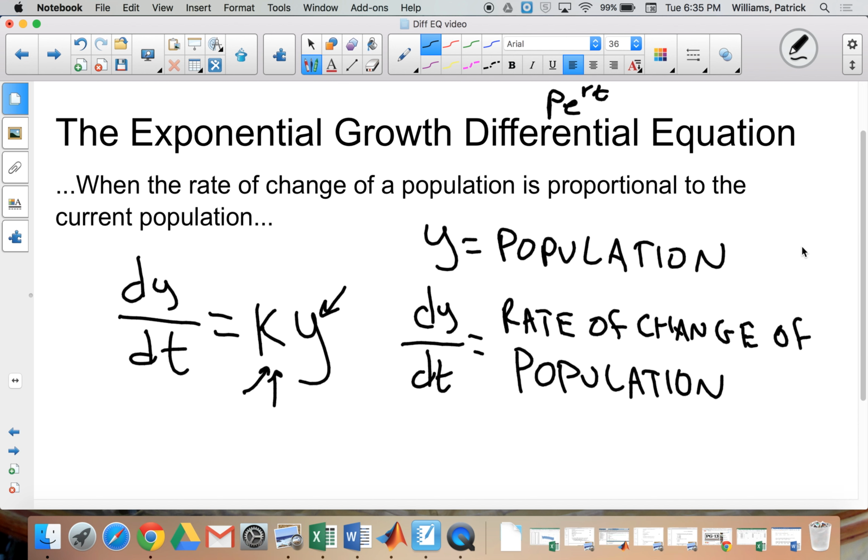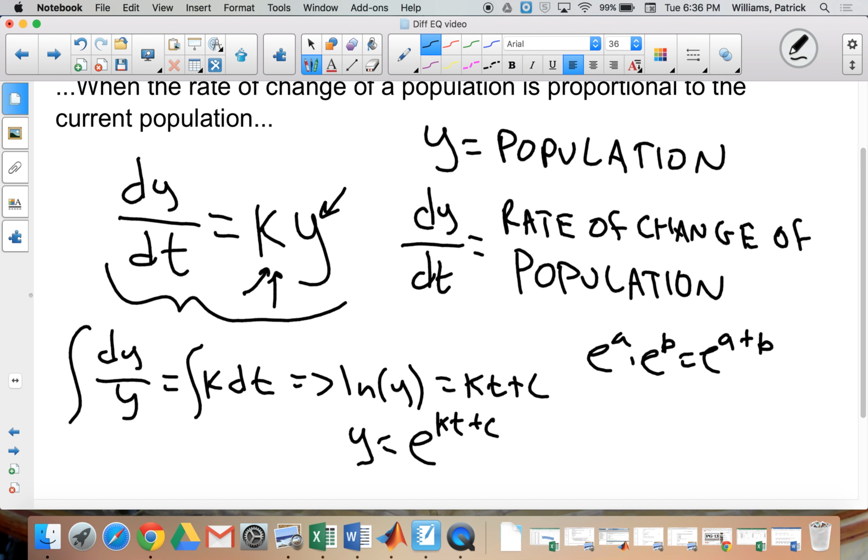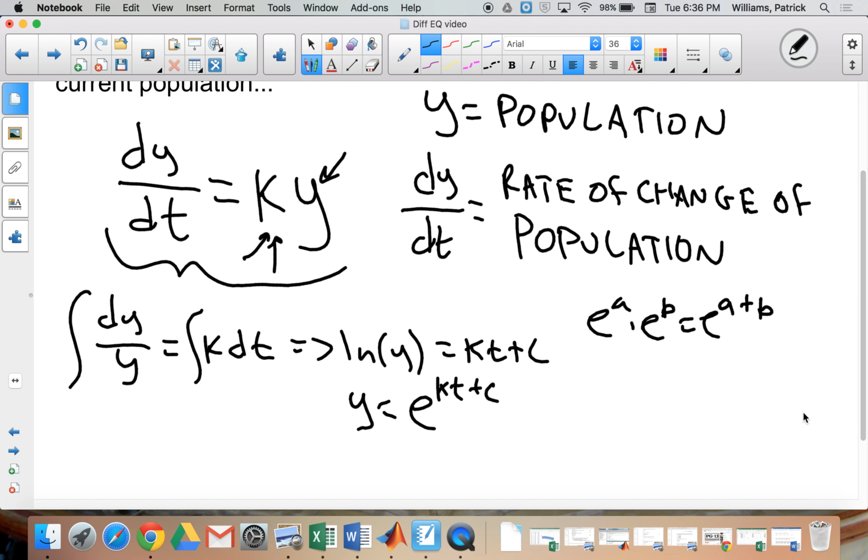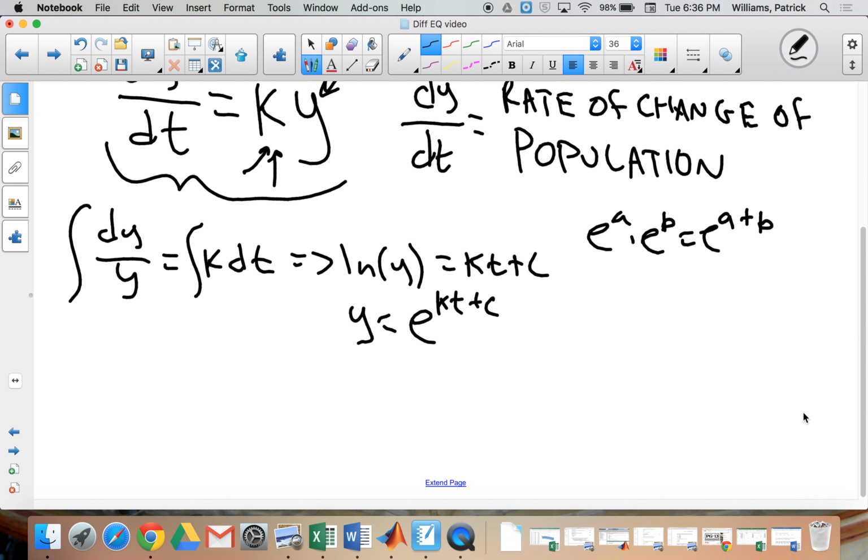But remember this property about exponential functions, that e to the a times e to the b is equal to e to the a plus b. So we can actually write this y function as the product of two exponential functions. And the really nice thing about that is that since c is a constant, when we write this as e to the c times e to the kt, well, e is a constant too. So a constant raised to a constant is just another constant.